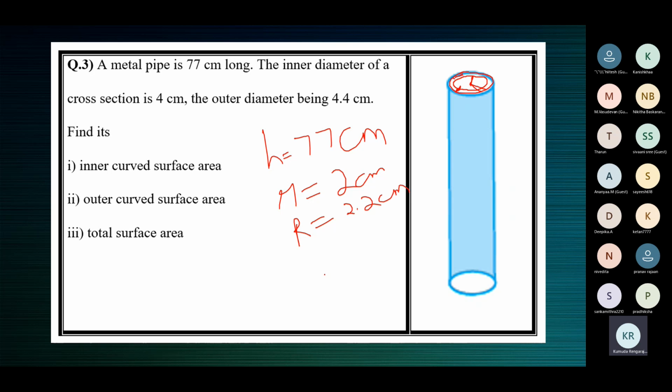Find its inner CSA. What's the formula to find the inner CSA? Yes, refer to the list of formulae you have in your book.